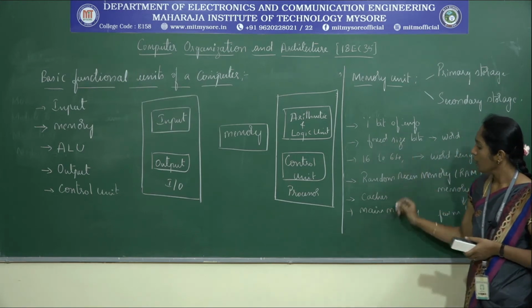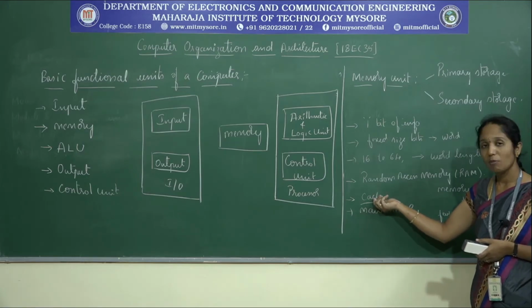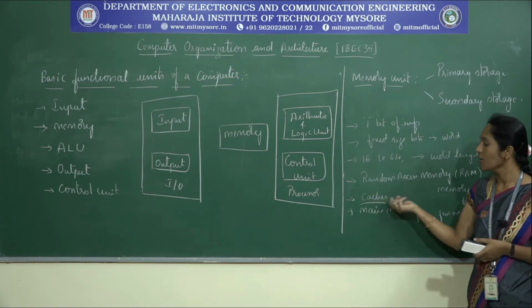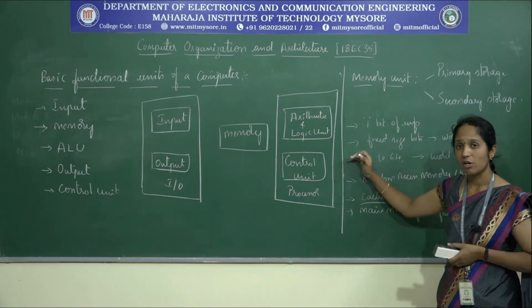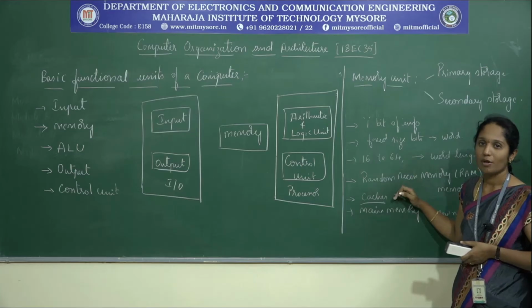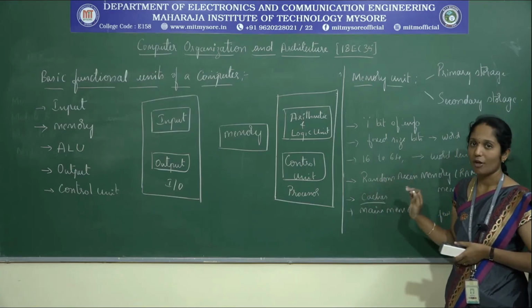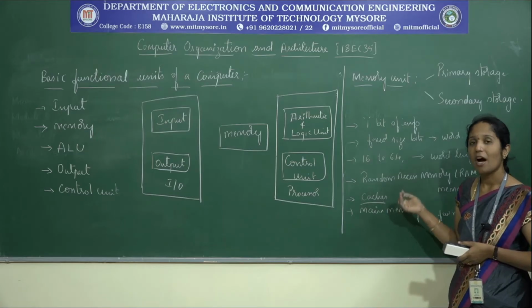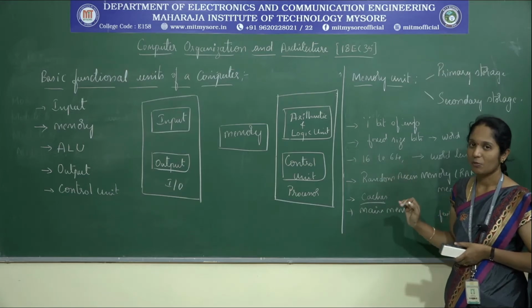Now we call the fast and small memory caches. Usually this will be very close to the processor, or in some processors you will have the cache on the processor chip itself. In order to achieve high performance, caches are fabricated in the processor chip itself.